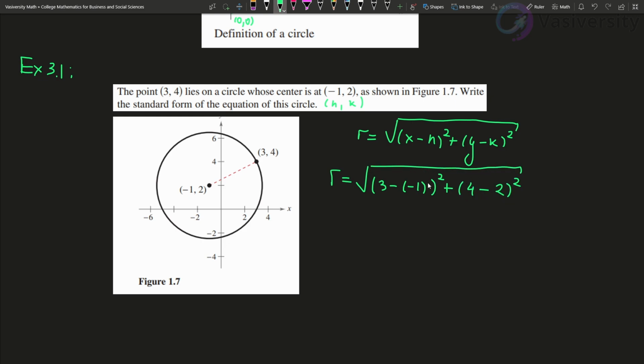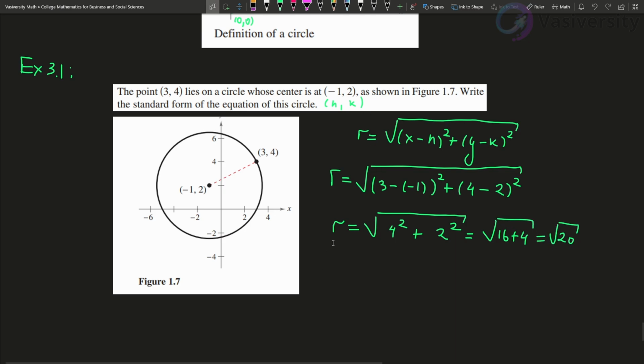Okay, we got to remember to preserve the negative sign. So r is equal to square root of 3 plus 1, which is 4 squared, plus 4 minus 2, which is 2 squared. And that's equal to 16 plus 4, which is square root of 20. Okay, so that is our radius, right? Radius of the circle. So this line right here, square root of 20.